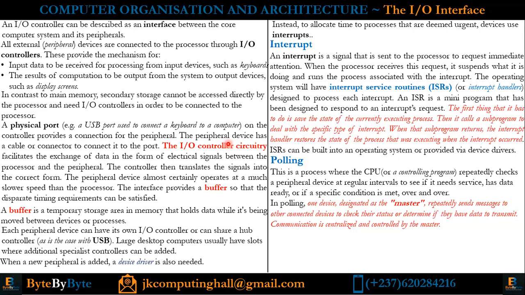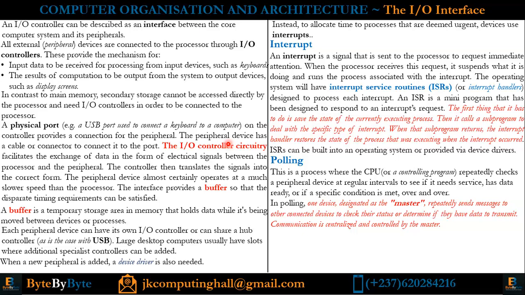In an interrupt, as we saw, the processor is on process A, and if no signal occurs, the processor will continue execution of process A until it ends. Whereas in polling, the processor is executing process A, but regularly checks the state of process B to see if there is data that is ready, if a condition is met, or if it needs service. Now let us see what happens in polling.